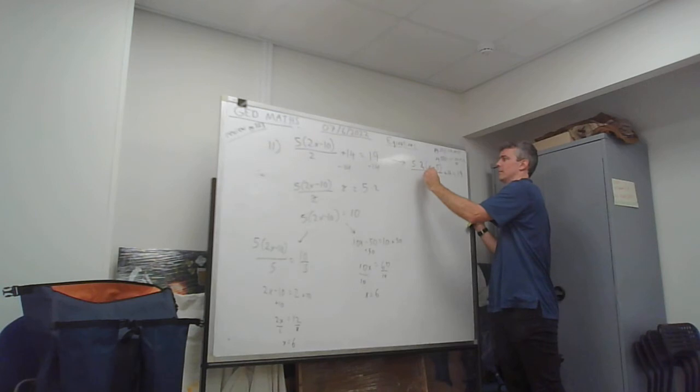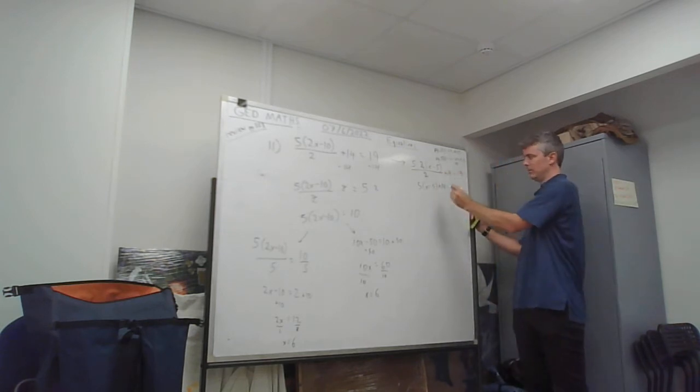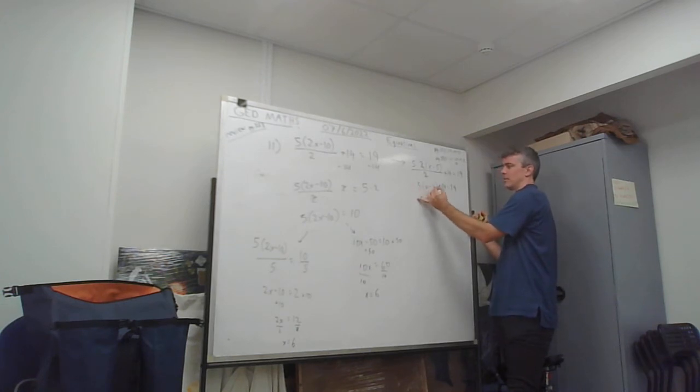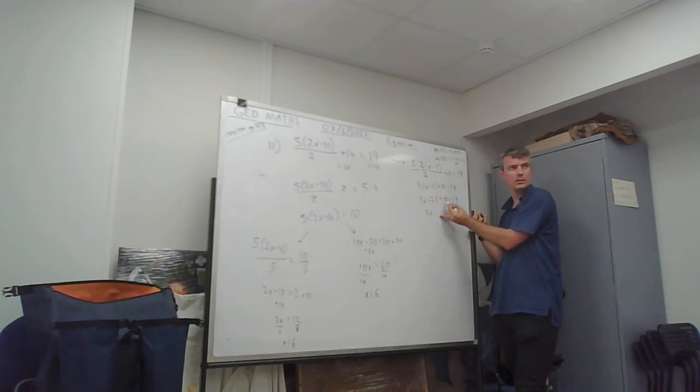Then I get 5 times (x minus 5) plus 14 equals 19. Then I can simplify this: it becomes 5x minus 25 plus 14 equals 19. Then we get 5x minus 11, sorry, equals 19.